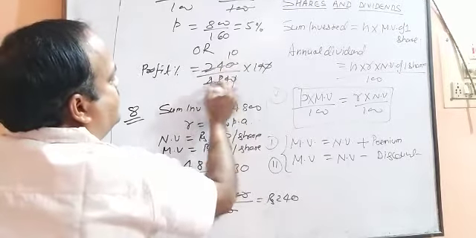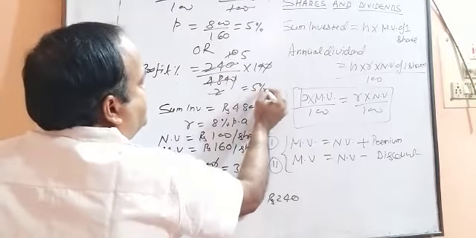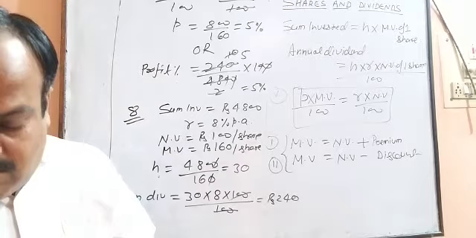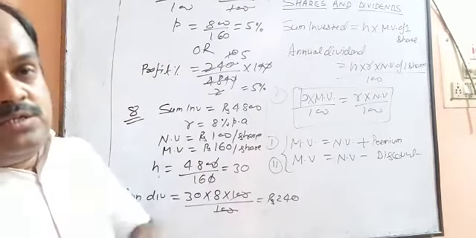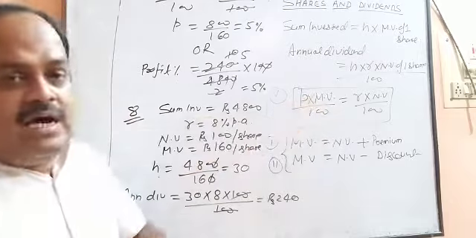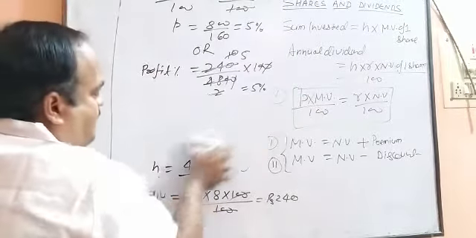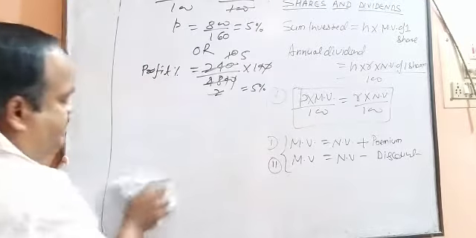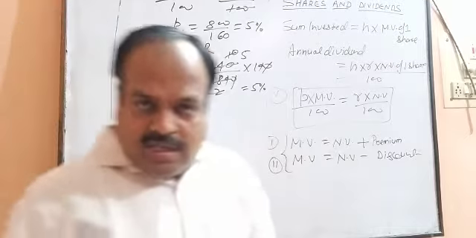That gives 5%. Therefore, you can calculate this profit percent by two methods, either using the earlier formula or the formula profit upon investment into 100, where profit means annual profit. Okay, thank you.